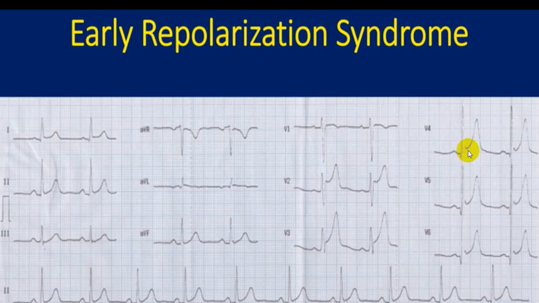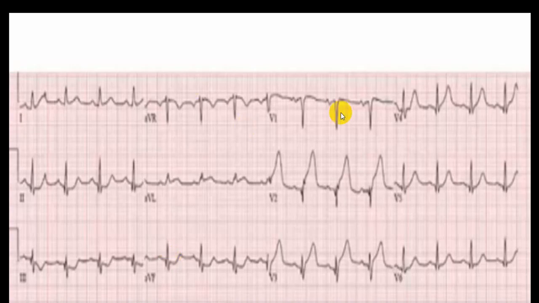This is again, you can see ST segment elevation and you can see a small notch. Also look in lead 2, lead 3 and aVF. Try to have that particular. Now in this lead, if you look in V2, there is a marked ST segment elevation with a tall T wave.